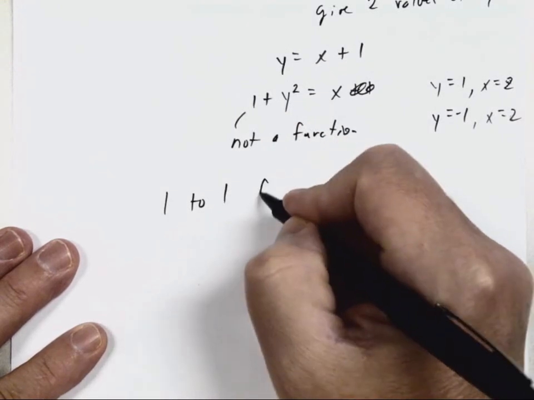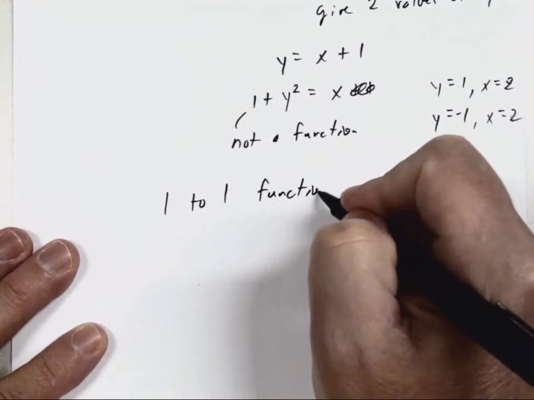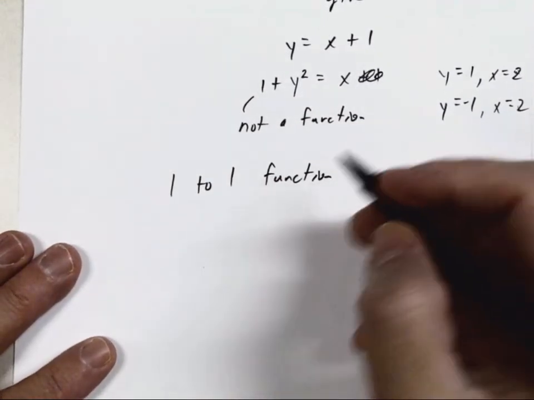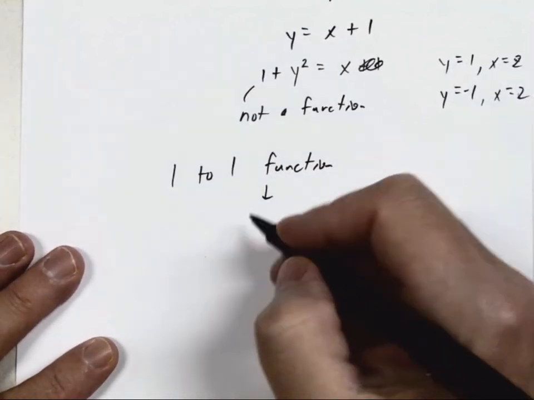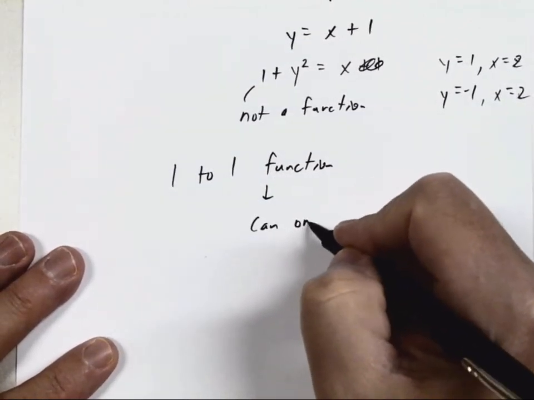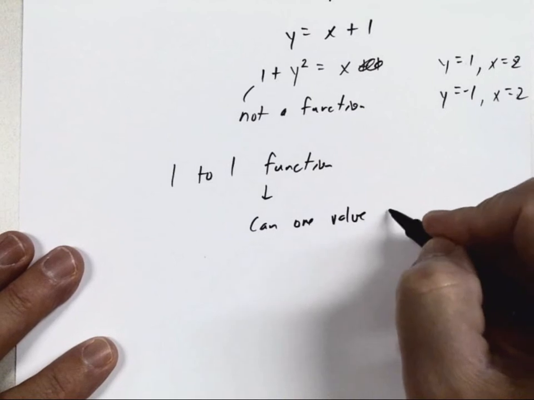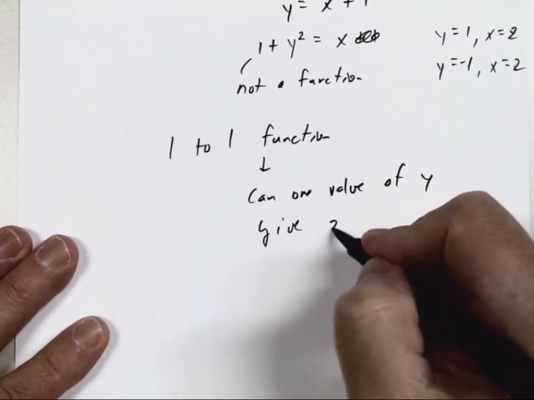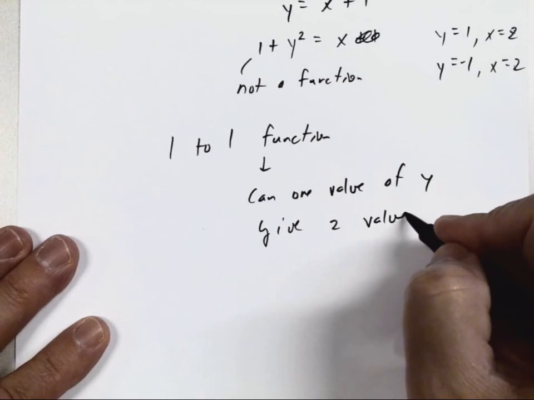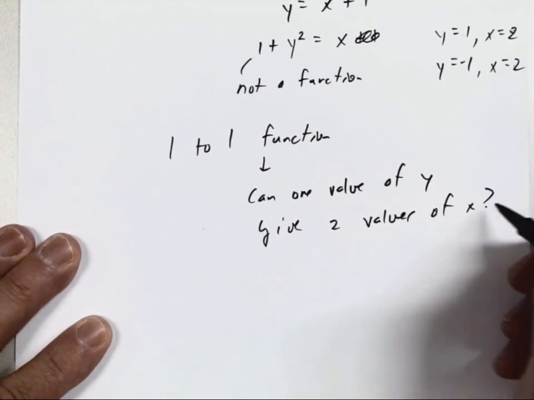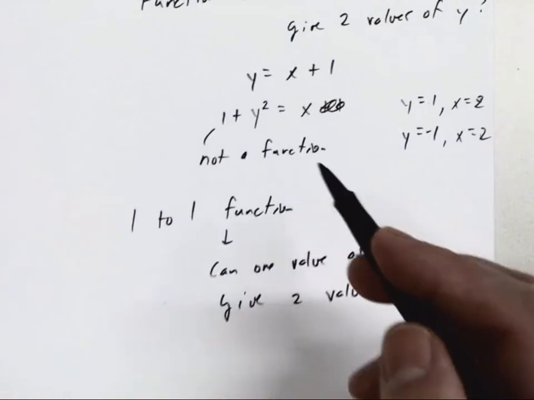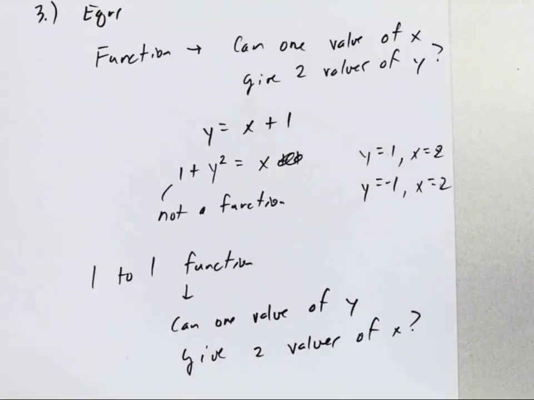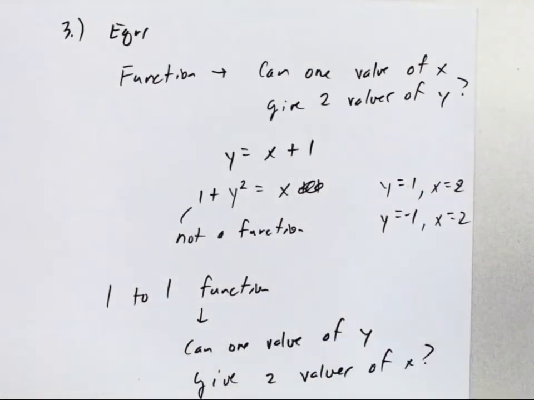Then for a one-to-one function, you ask the next question: can one value of y give two values of x? So the good thing is we don't have to use this very much, so I'm not going to spend a lot of time talking about this or give examples, but just so you know that you've seen it.